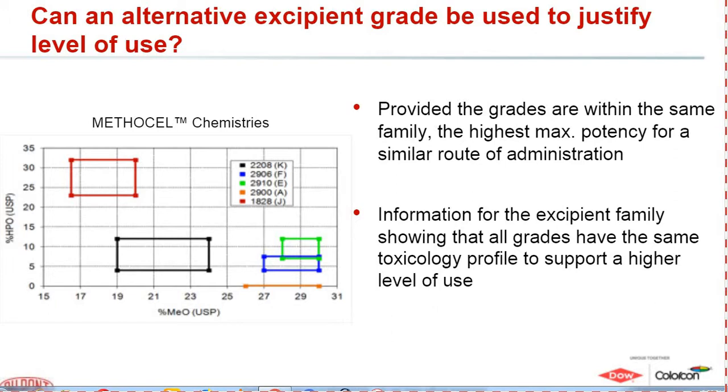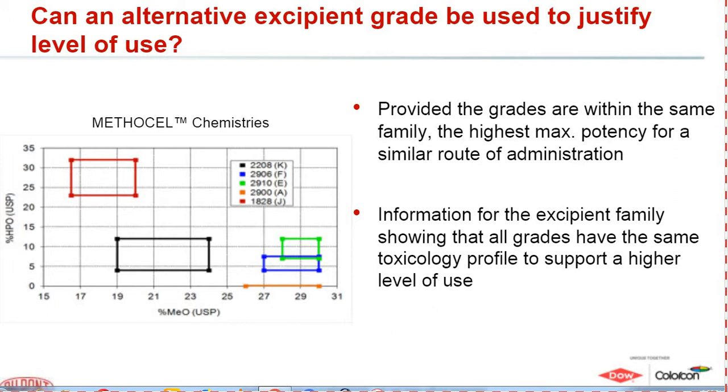Of the 4 different types of chemistries for Methocel HPMC, we have the boxes that are in color. So provided the grades that you're using are within the same family of HPMC, the highest maximum potency for a similar route of administration should be able to be used.